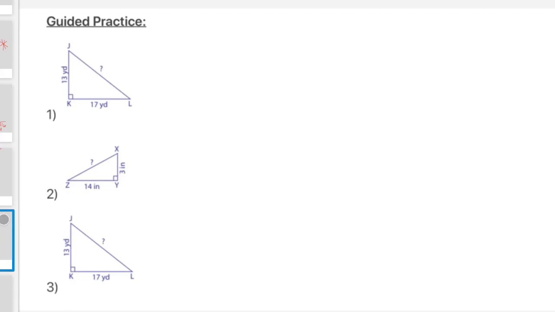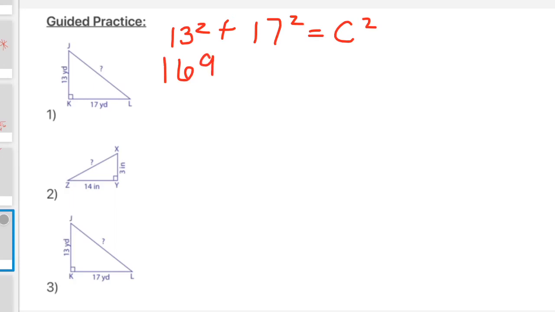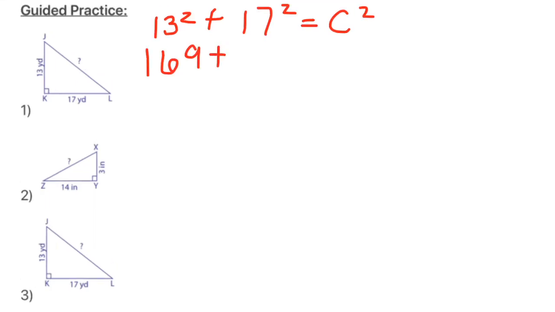So number 1 is missing the hypotenuse. So we have 13 squared plus 17 squared equals c squared. And 13 squared is 169. And 17 squared is 289.